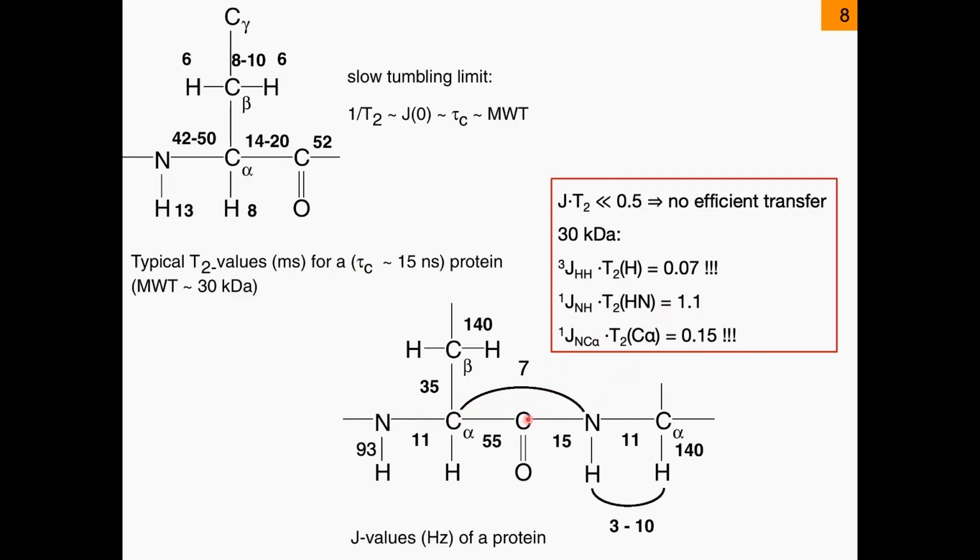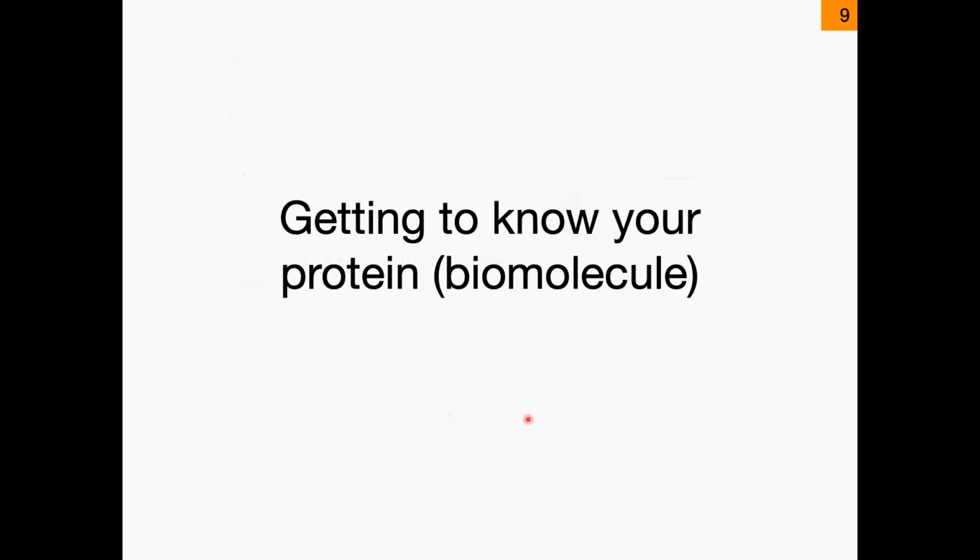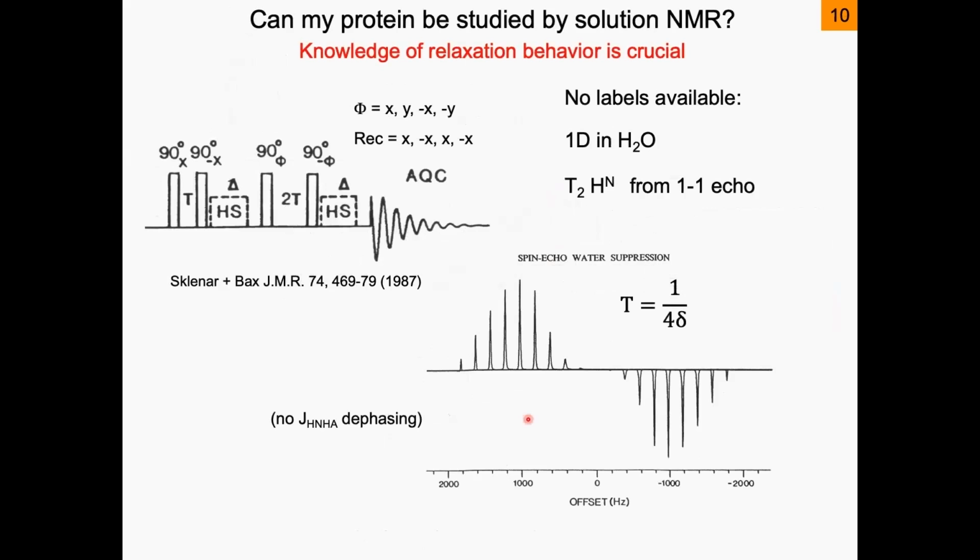Now, you need to somehow have an idea what is the T2 of all your nuclei. I want to show you one very simple sequence where you can get an idea about the T2, and also use this sequence to characterize your sample in general, to see whether it's decaying.